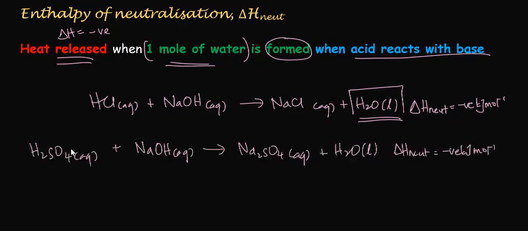If you have 1 mole of H2SO4 reacting with 1 mole of sodium hydroxide, let's focus on the moles of water formed here. Balance the equation. We have 2 moles of Na here, so we need to times it by 2. And if you have 2 OH, you have to times it by 2.